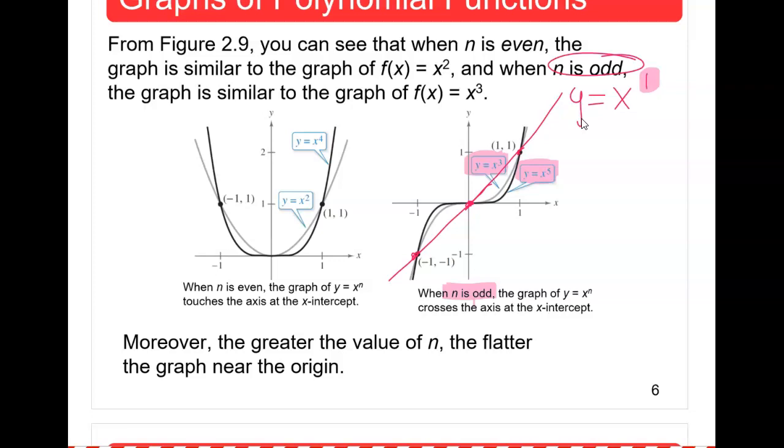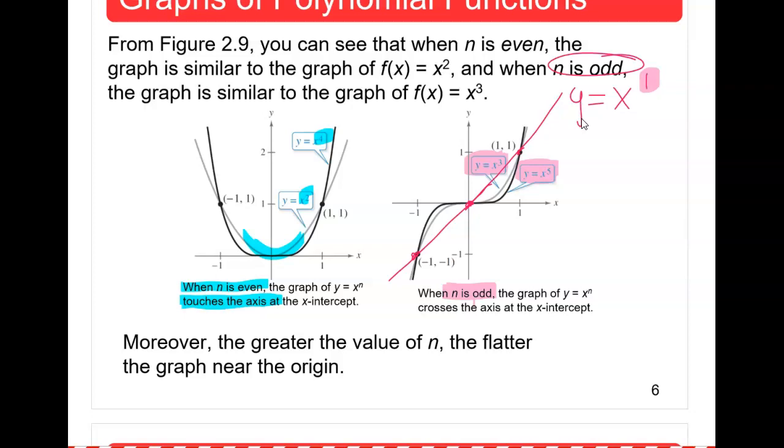Now, sometimes for an intercept, the graph may cut across or just simply touch it and turn back around, as we can see here with the even degree. If the degree n, the exponent, is even, then the graph will touch the x-axis and then turn around, as you can see here with the vertex of the parabola, the one of degree 2.